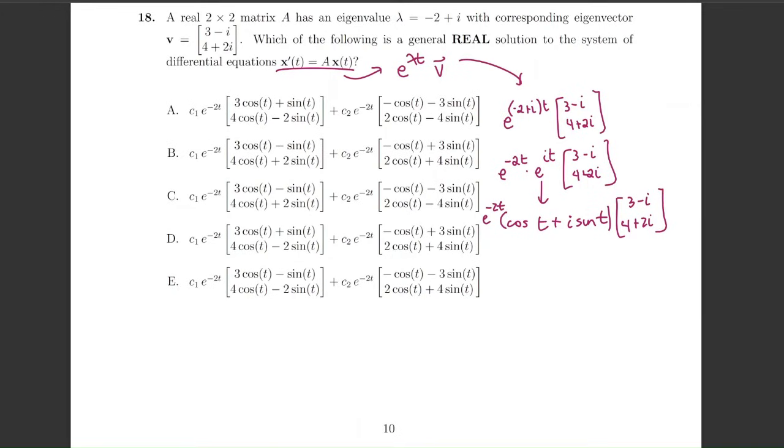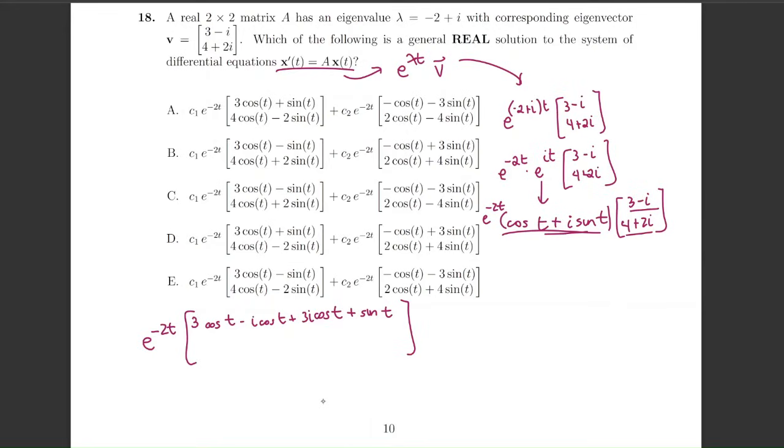And then when we expand that out, we get e to the negative 2t times 3 minus i times this expression, which gives us 3 cosine t minus i cosine t plus 3i sine t plus sine t.